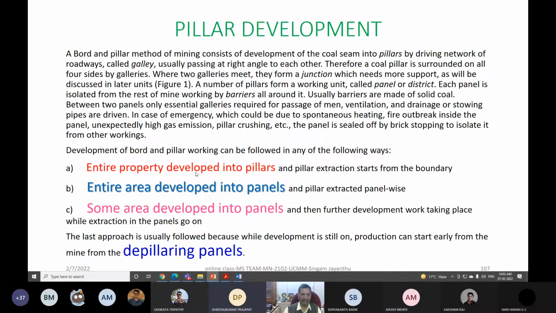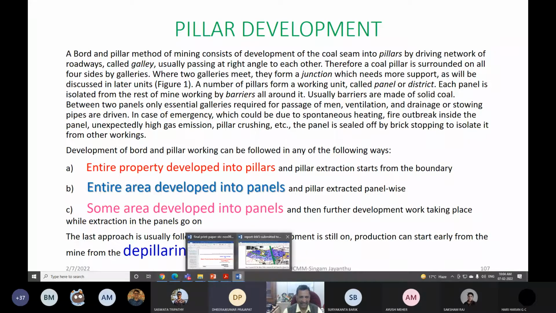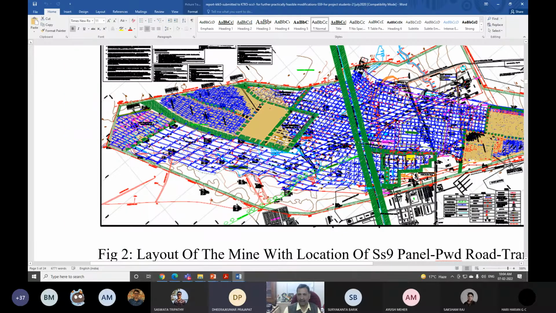The first one comes as part of the depillaring from the main heading itself, right? But instead of that, let me show you from the plan. That is more easy to explain, right? From the first part, I already told you, from the main headings here, I start developing and making pillars from here itself, adjoining the main heading, and like this from the main incline, I start developing all these into pillars and going up to the boundary.